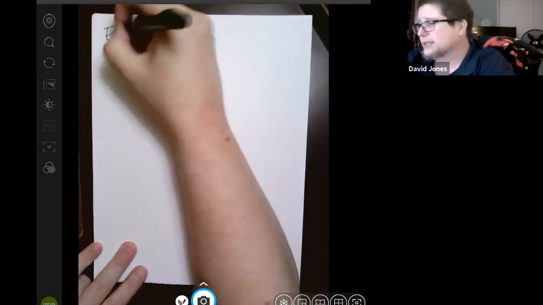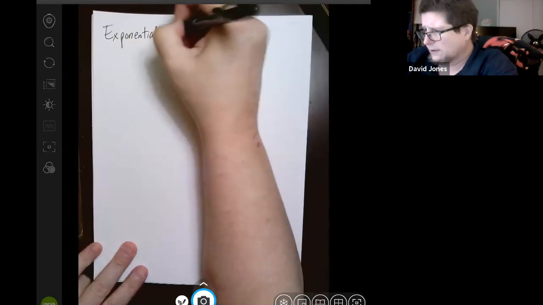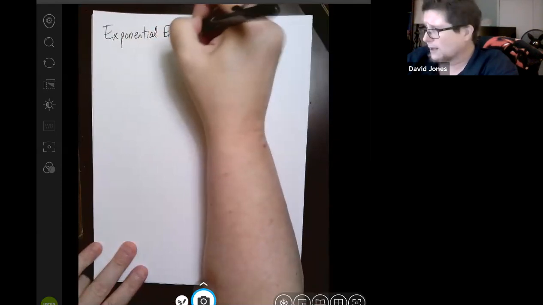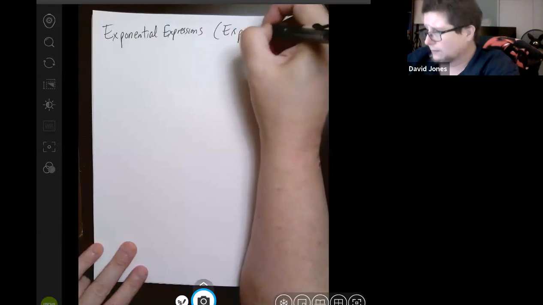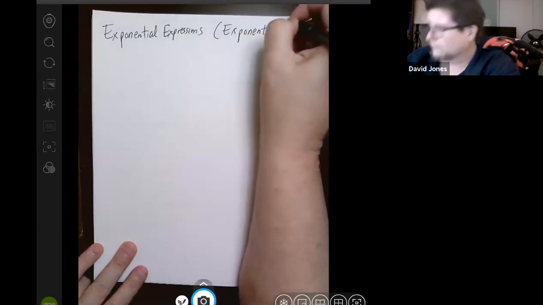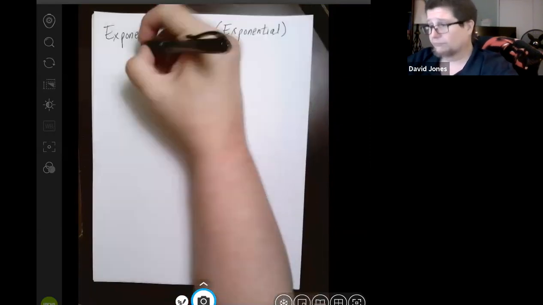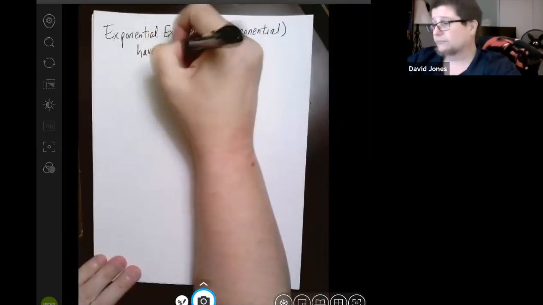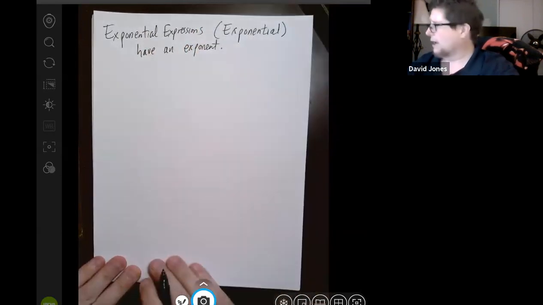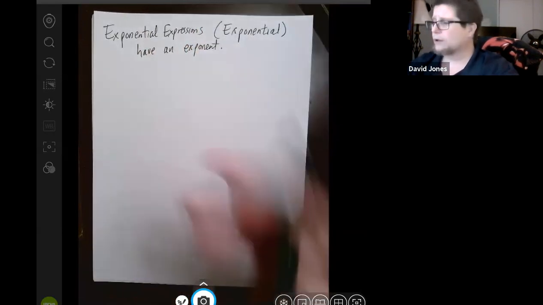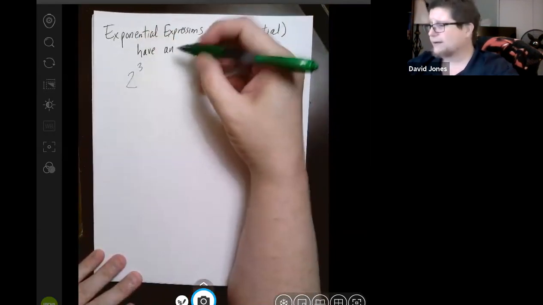Exponential expressions, sometimes abbreviated exponential, have an exponent. And so let's just give a little example. Let's say we've got 2 with a 3 elevated above.